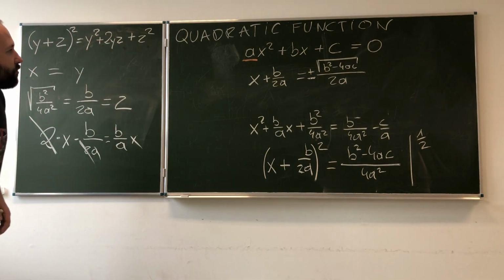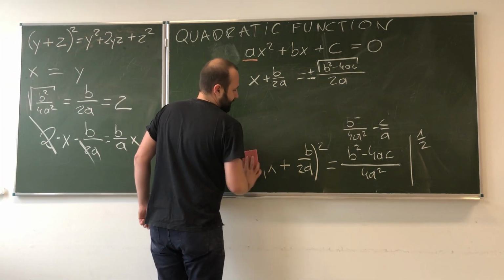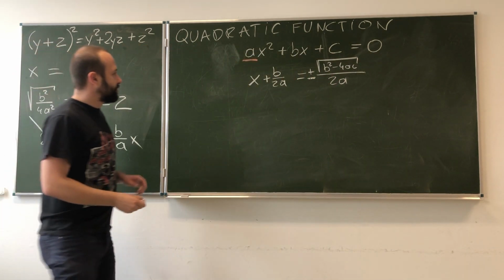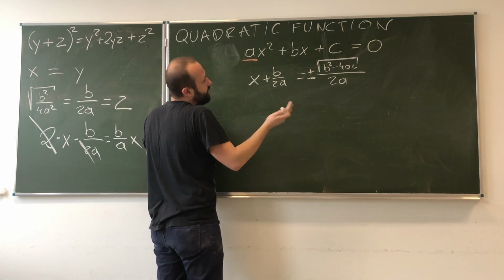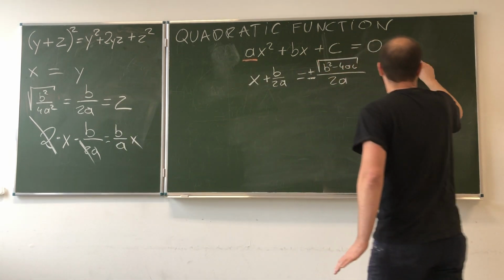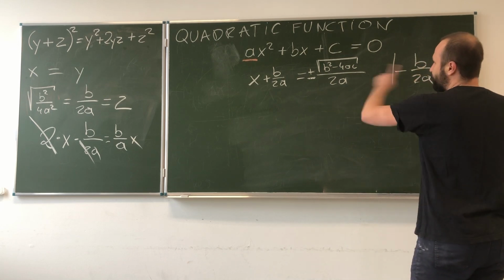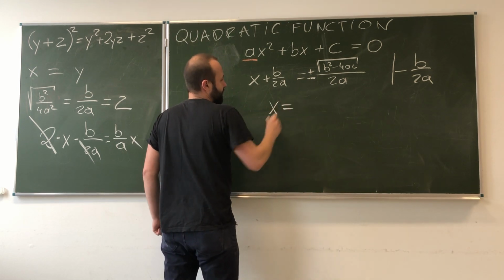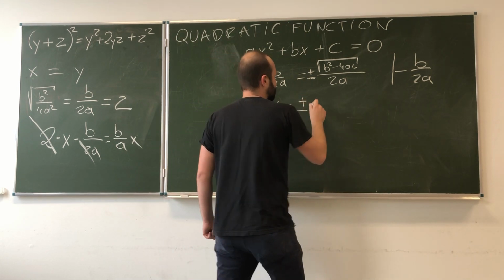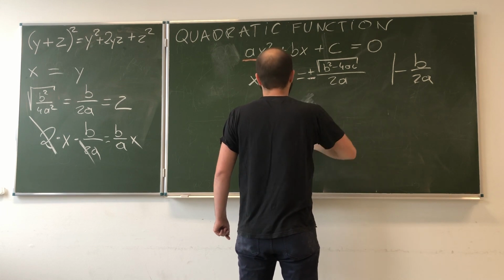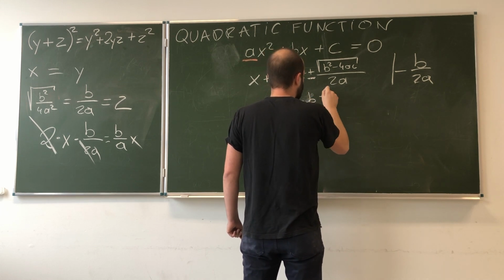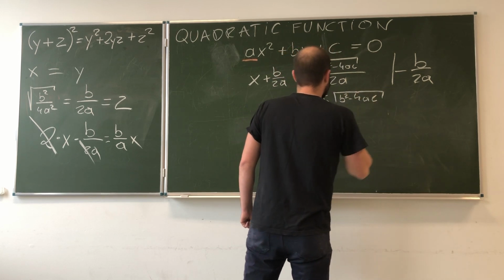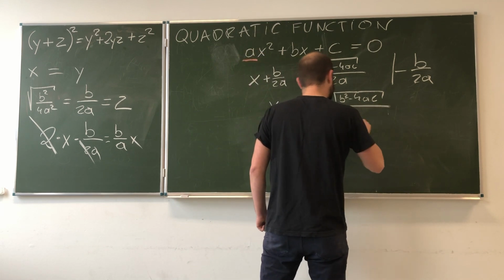And look, at this moment, we are ready to obtain the solution. And the solution here is, in order to get it, all we gotta do now is to subtract b over 2a from both sides of the equation, and we get that x is equal to negative b plus minus square root of b squared minus 4ac over 2a.